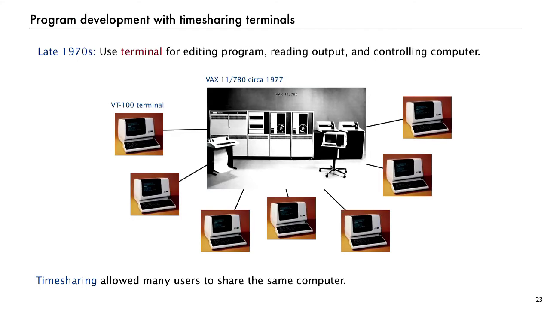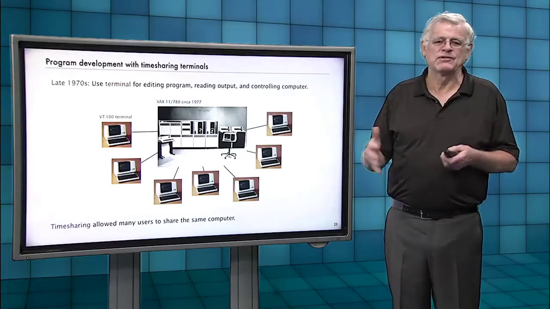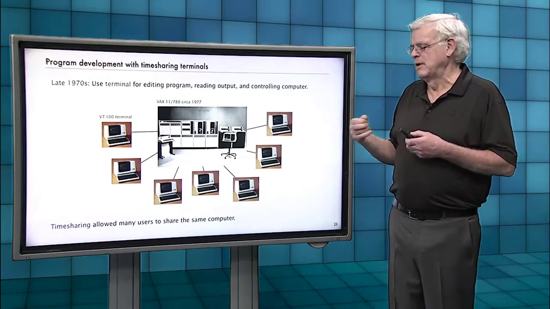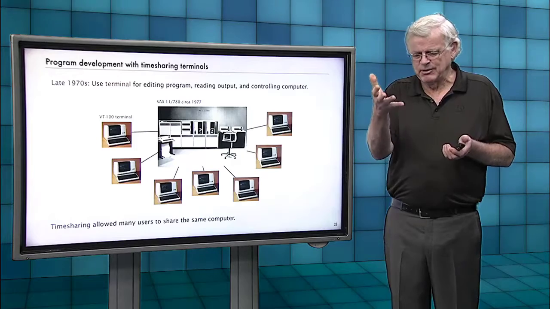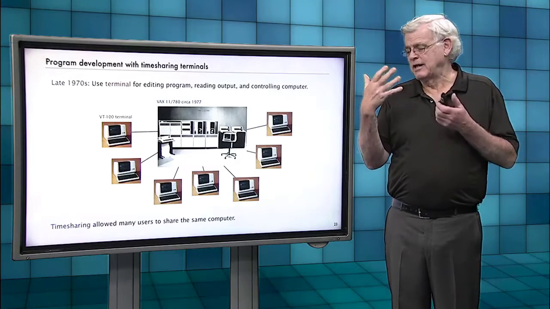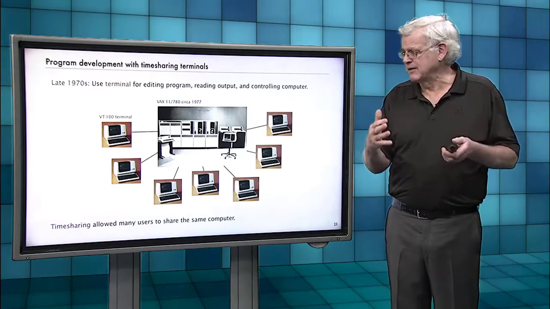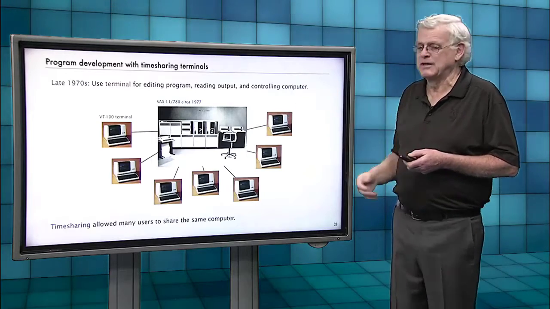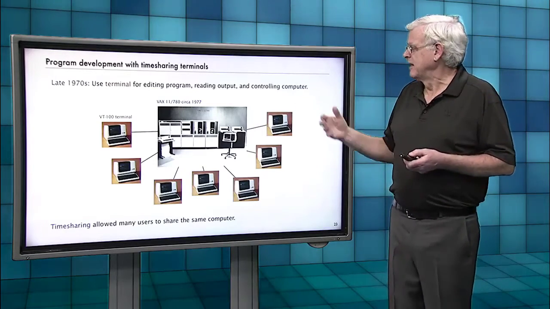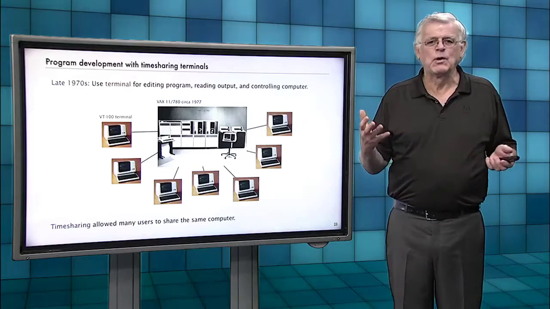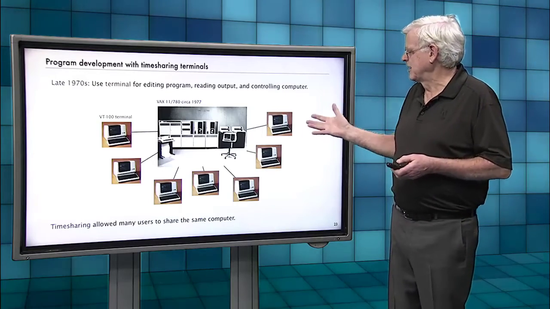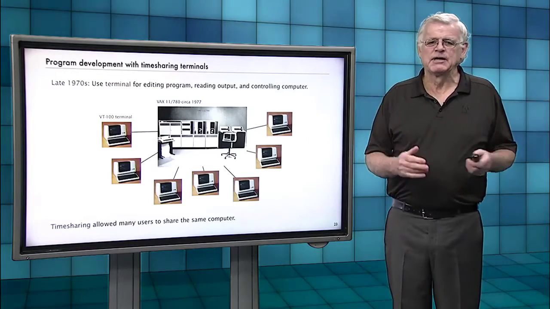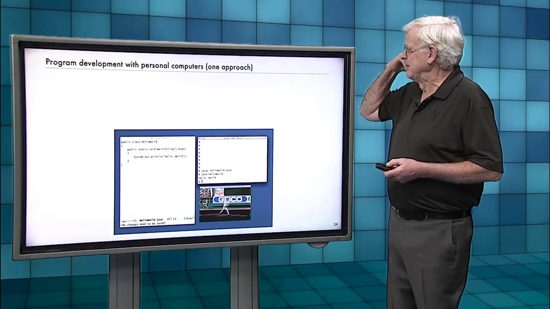So a small organization could have one computer, and everybody could have a terminal in their office that they could use to create the text that made up their program, and then to invoke the compiler and the editor, all sharing the same computer. And that was a welcome development because it got everybody computing in their offices.